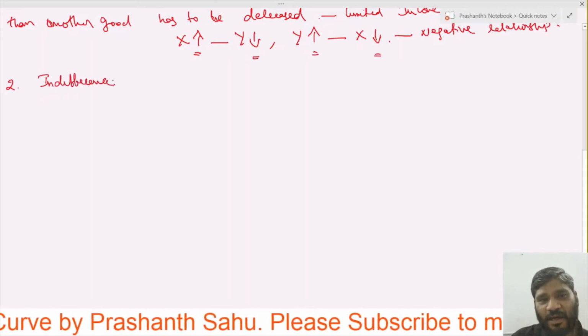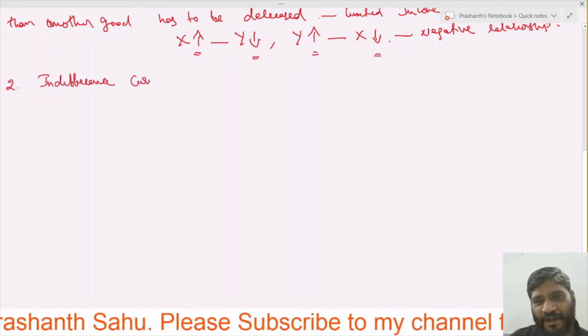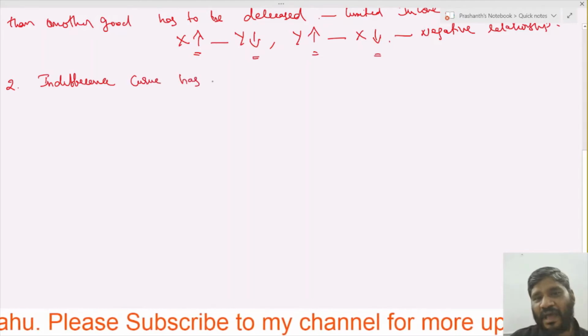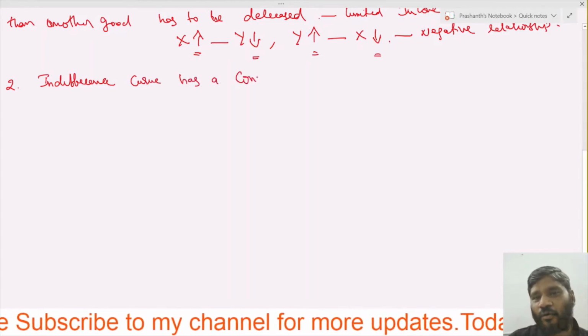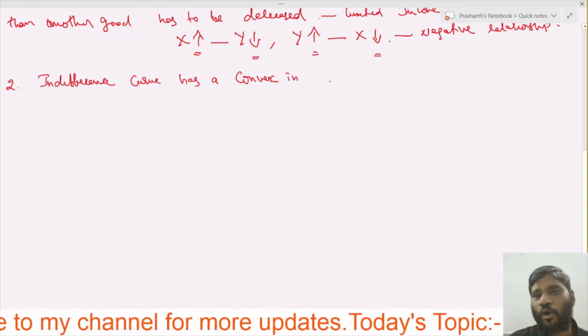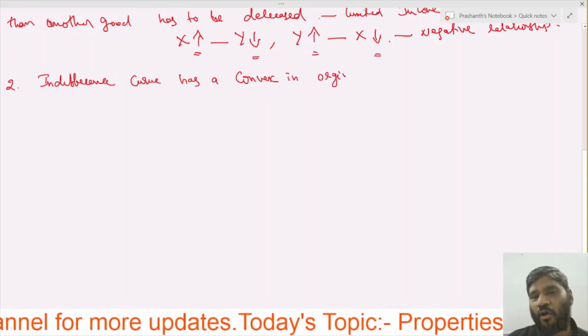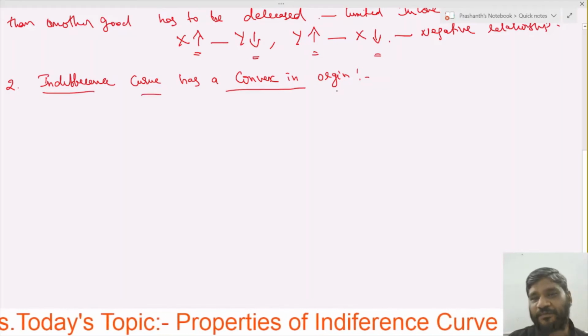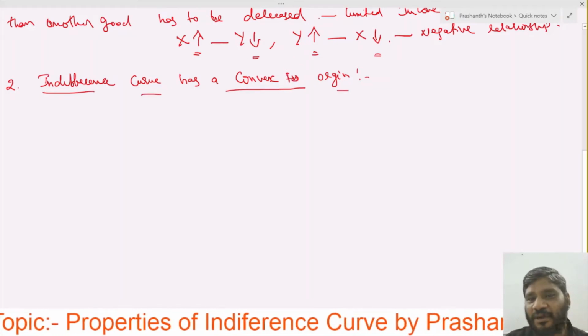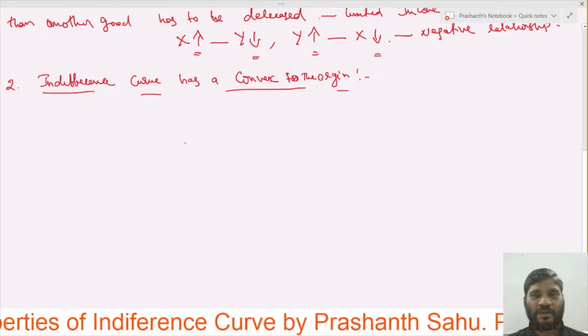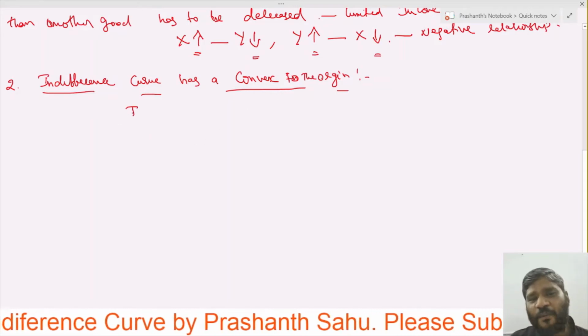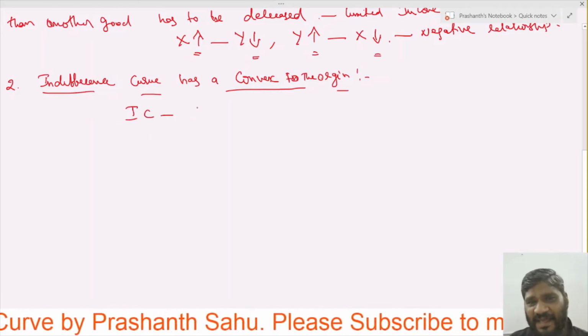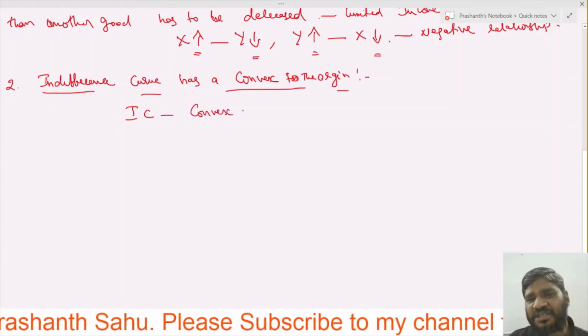Next we will discuss number two. Number two is that the indifference curve is convex to the origin. Okay? Convex to the origin. So most probably the IC curve has a convex shape.